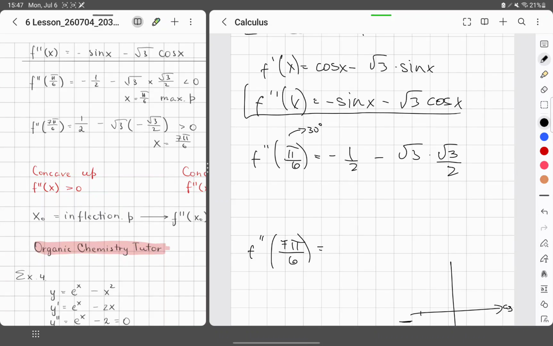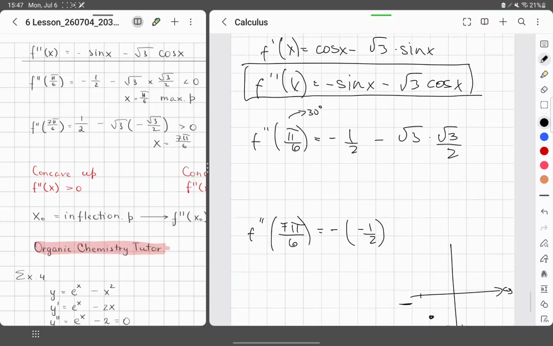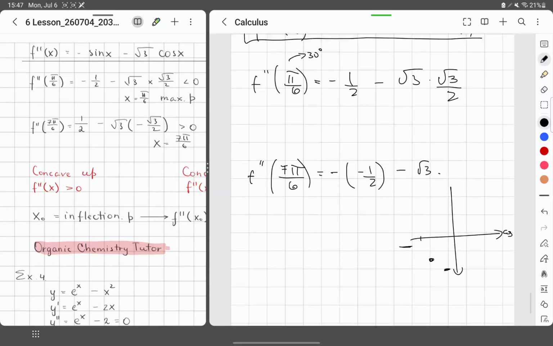And that's our original, by the way, don't forget this one. Negative sine x will be negative 1/2 in this degree, minus square root of 3 times sine x. Sine x will be negative.